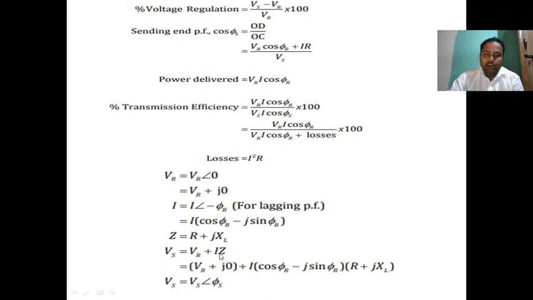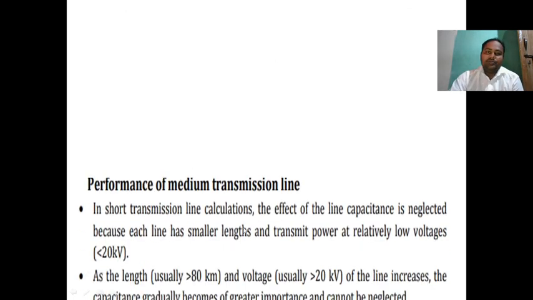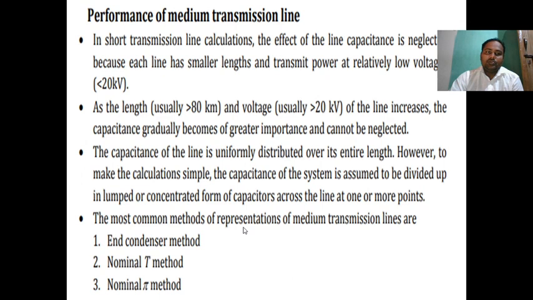Substituting Vr and Iz, the sending end voltage is Vs at an angle phi s. This is the vector representation. So this is the analysis of the short transmission line.